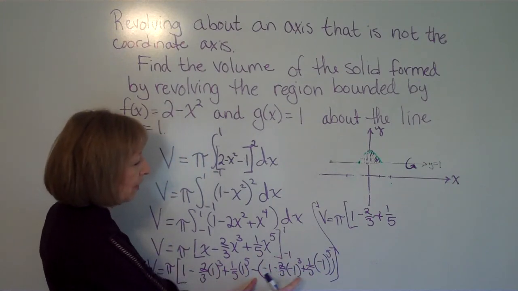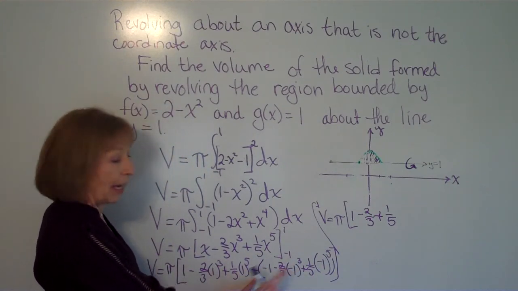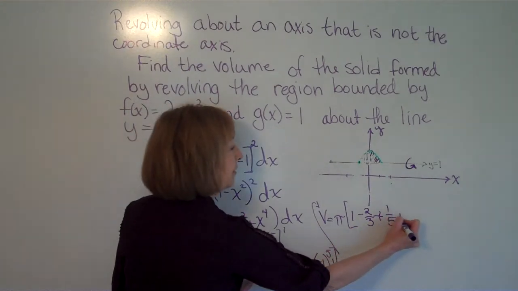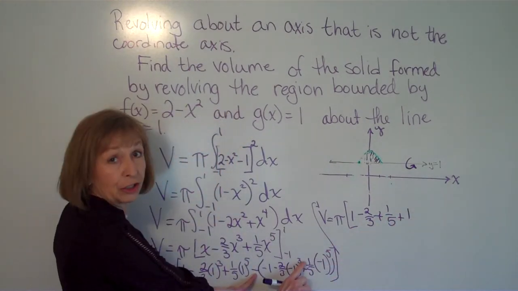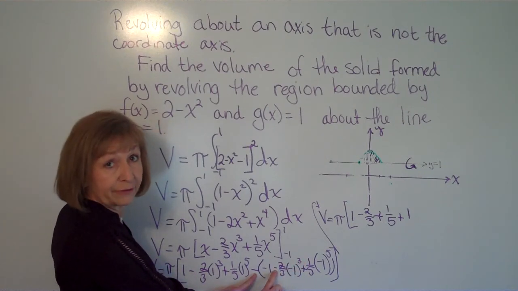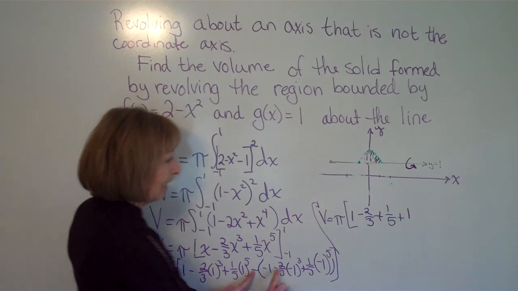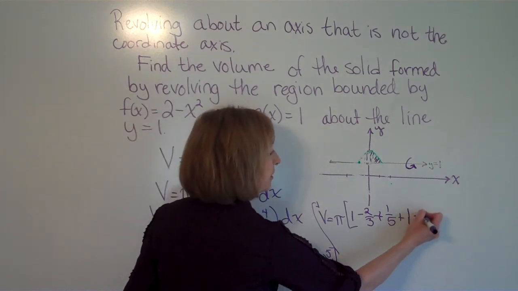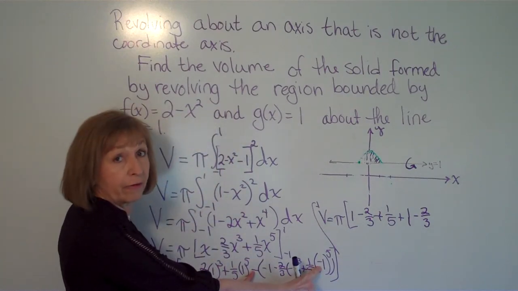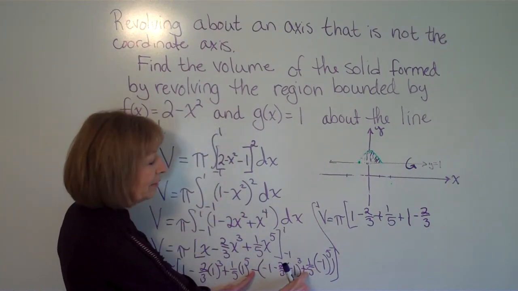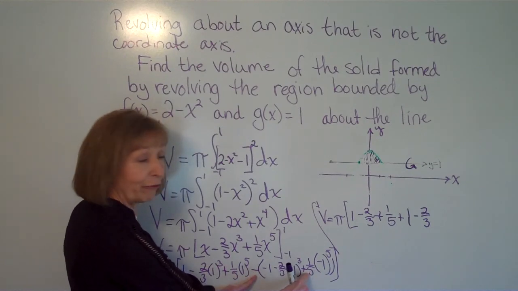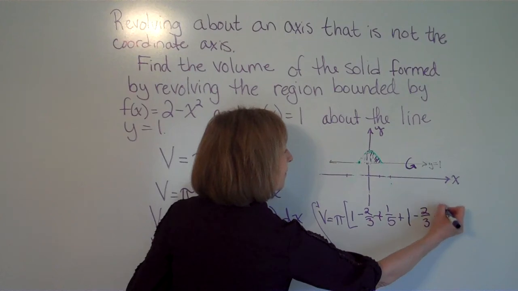And then if we go ahead and do our powers and also distribute the -1, minus the -1 is plus 1. -1 cubed is -1. -1 times -2/3 is a positive 2/3, but I'm subtracting that, so that becomes a minus 2/3. And then -1 to the power of 5 is -1 times positive 1/5 is -1/5, but it's minus a -1/5, so that's plus 1/5.